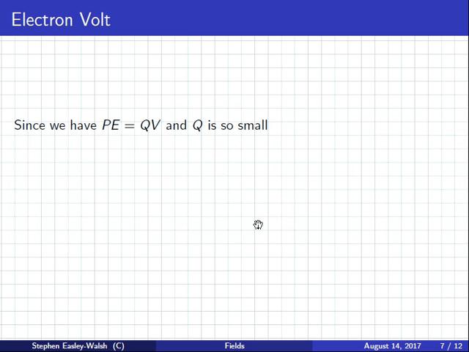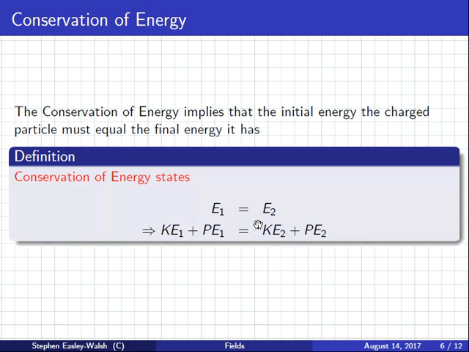Quite often you'll end up with a situation where it starts at rest, so this one would be 0, this one here would be QV, the maximum. This one here, a half mv squared, and this one here, 0 if it hits the bottom plate.